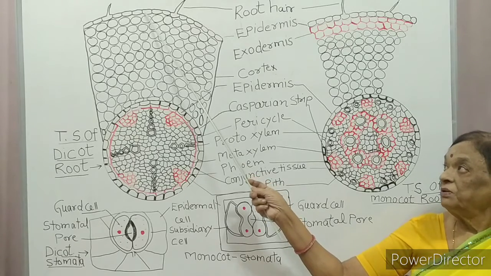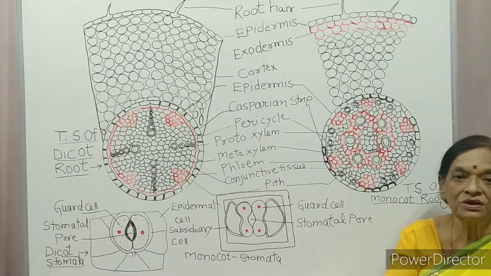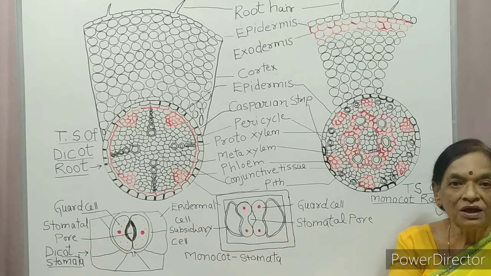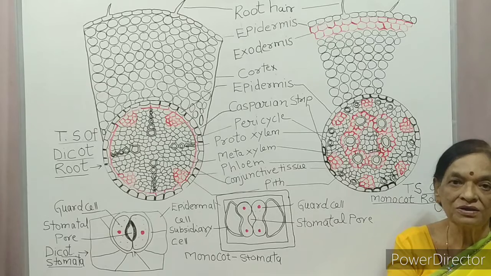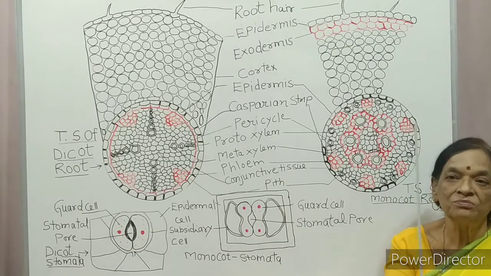So, epidermis of root is devoid of cuticle, while aerial organs like stem and leaf have epidermis covered with multicellular trichome or hair. What is the function of this multicellular hair? Suppose this is the stem.